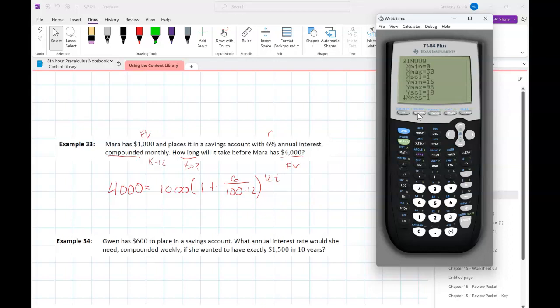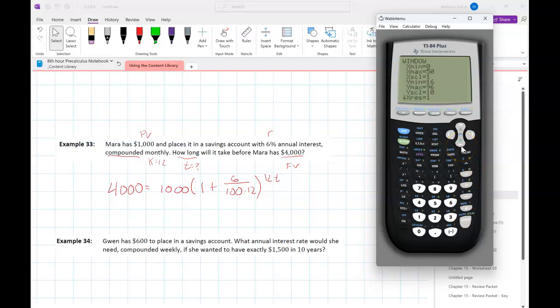But like a bunch of time, 50 years, something. We don't really know. It's a guess. I'd rather guess too high than too low. So whatever you think the answer might be around, maybe double it. I'd rather just do it once and have a squished graph than have to go back and change my window and make the x bigger because I can't see the intersection.